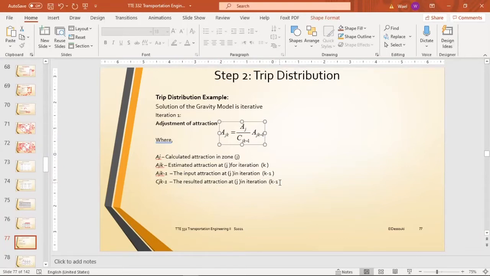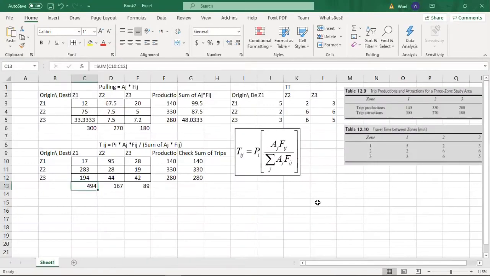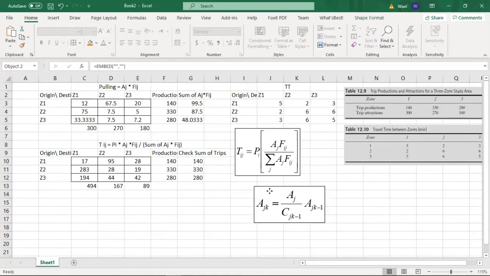So let's take this formula and see how we can benefit from it here. We need to calculate a new attraction. What is the new attraction? In our case, AJ is the original, 300.